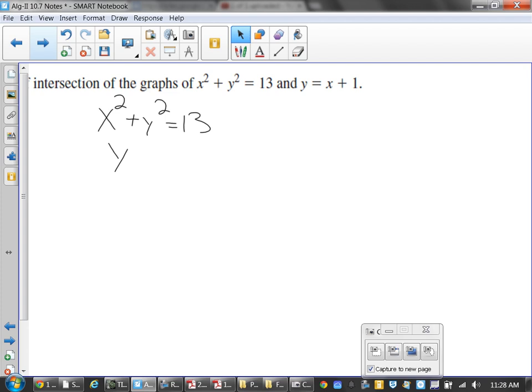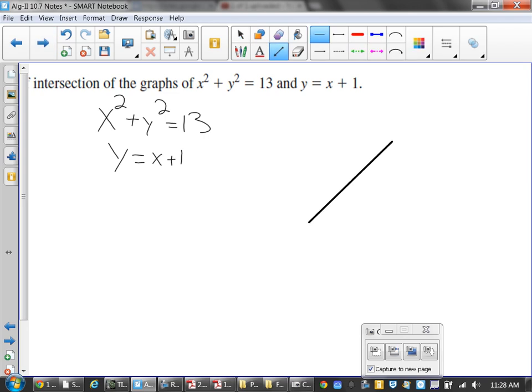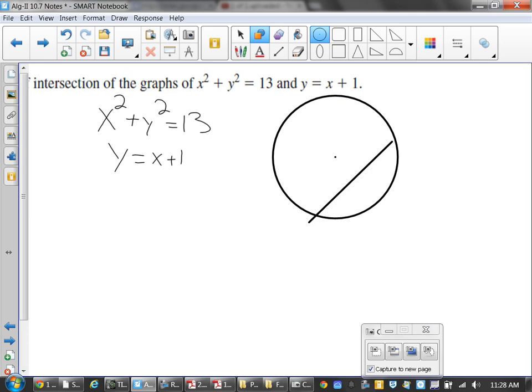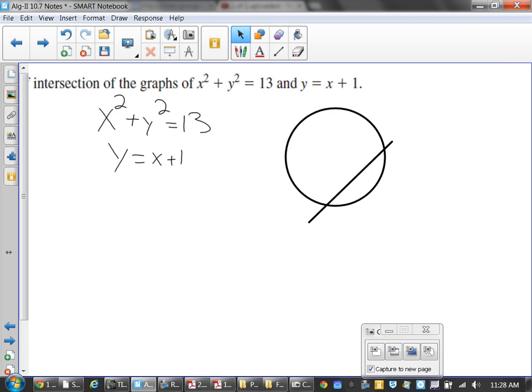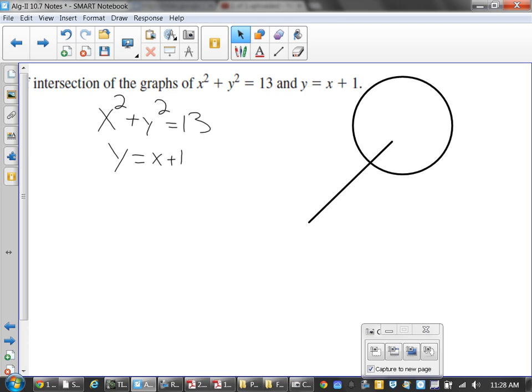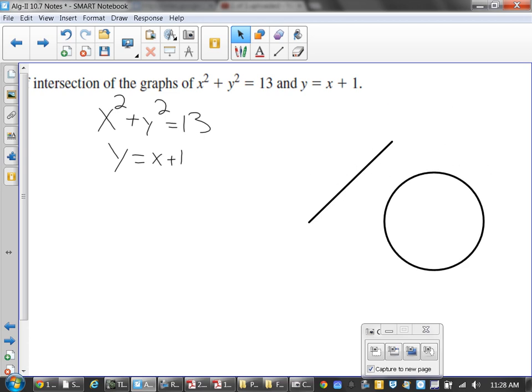And I have the equation y equals x plus 1, which tells me it's a line. You agree? Now, just a second ago, we talked about the possible ways a line and a circle could intersect: 2 spots, 1 spot, or no spots. Do you agree? Yes.